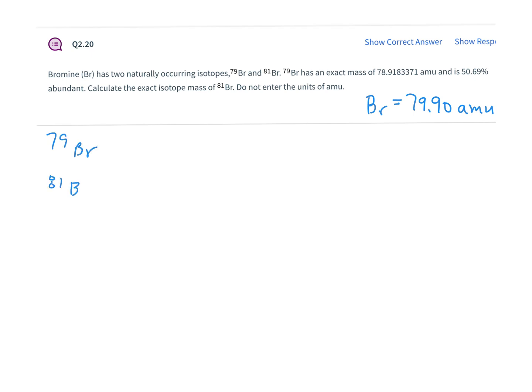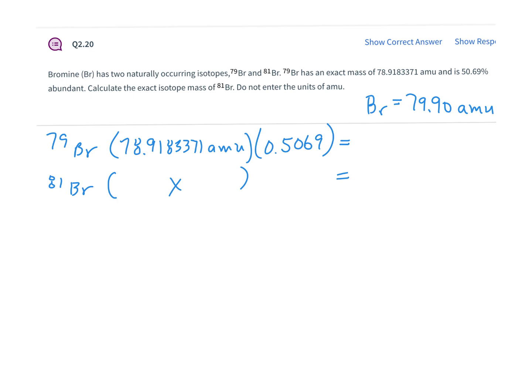So to set it up like we did in class, we've got bromine 79 and bromine 81, and we know bromine 79 has an exact mass of 78.91833371 AMU, and its abundance is 0.5069. And so here's our unknown, right? We don't know the isotopic mass of bromine 81, but we know that if we multiply the isotopic mass by the abundance and add those two weights together, the sum should be 79.9 AMU.